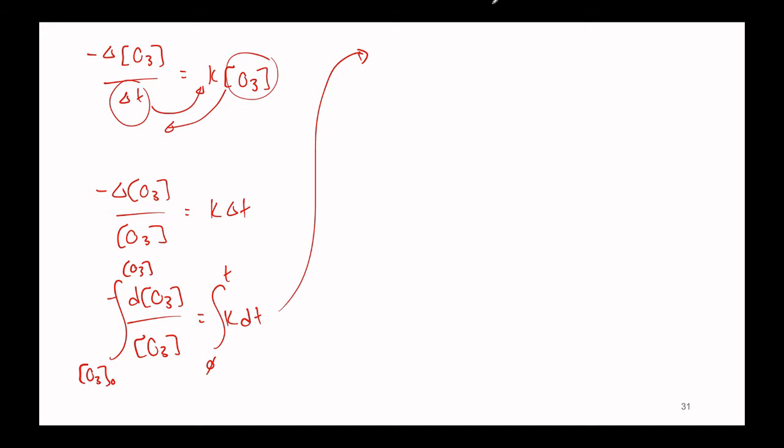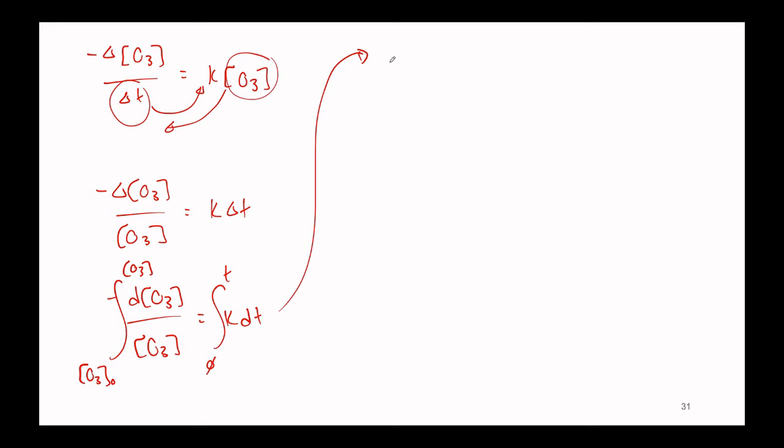In order to take this integral, what we have to recognize is that on the left-hand side, we have variable 1 over x. And on the right-hand side, we don't even have an x, right? We just have constant k. This actually creates a fairly simple solution for our integral.